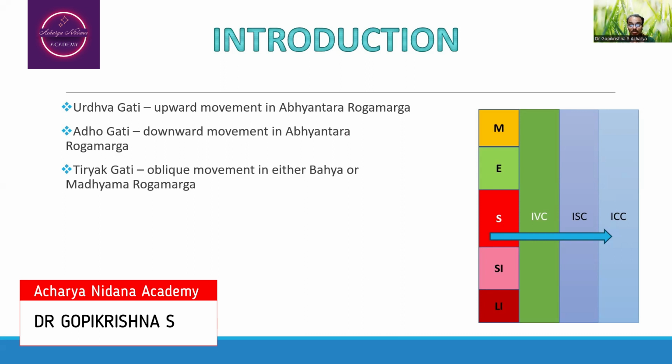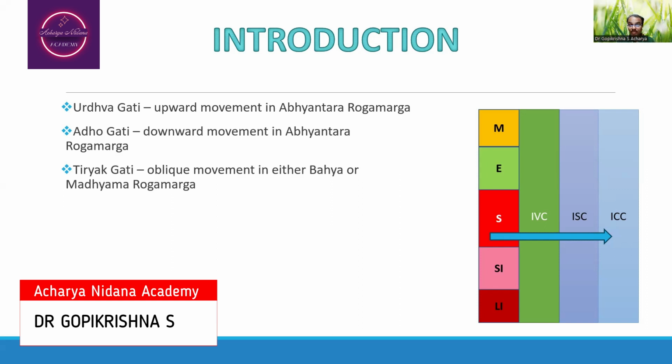But when you think more about the alimentary canal, that is from the mouth to the anus, it is a passage wherein most of the pathogens enter. If the movement of these pathogens in the alimentary canal is in the upward direction, that is termed as Urdhvagati. If the pathogens are moving through the anus, that is considered Adhogati.